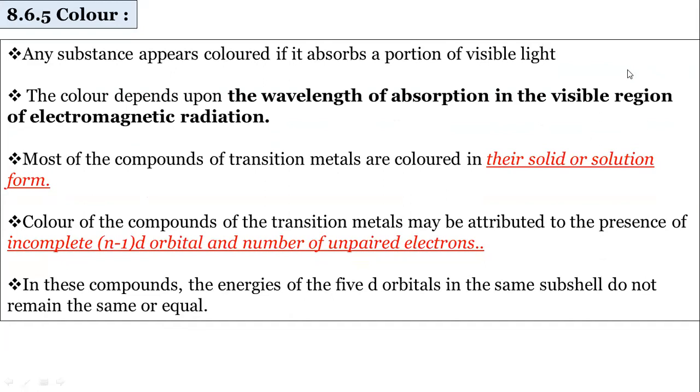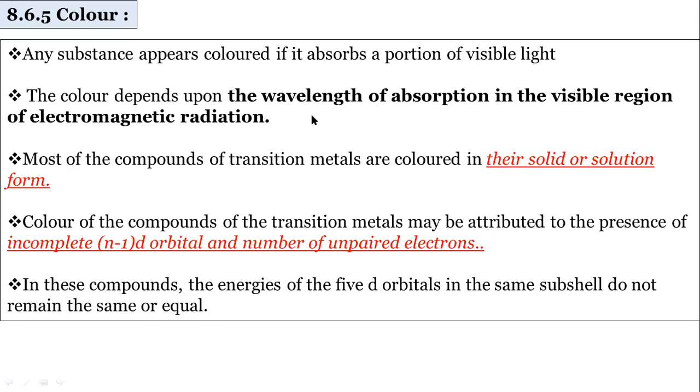Visible light means whatever light we get from our tube light. If any substance absorbs a portion of visible light, it becomes colored. If a substance does not absorb light, it will appear dark or black. So the color depends upon the wavelength of absorption.